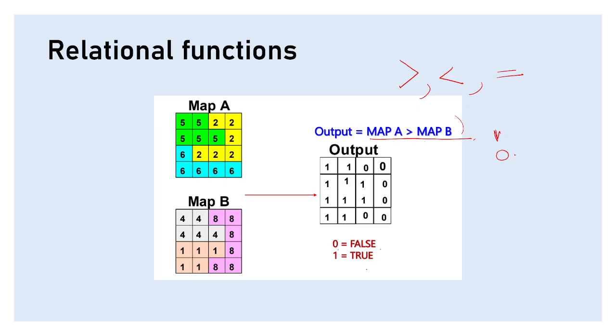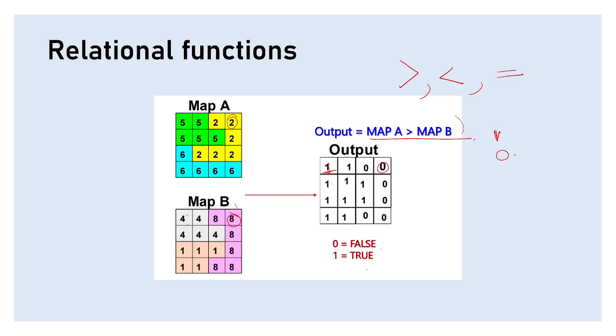In the first case of map A, 5, and then you have 4. 5 is obviously greater than 4, so that is 1. Now we'll take a false one. Here, 2 and 8. 2 is definitely not greater than 8, so that is false, and we gave it 0.